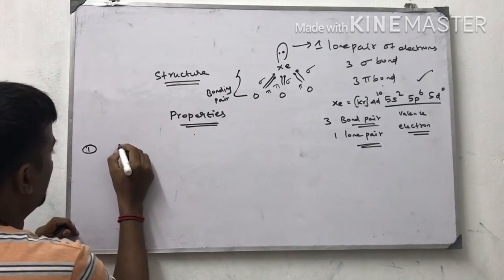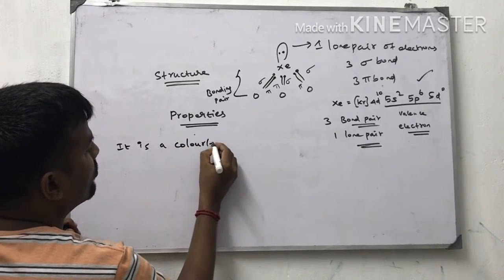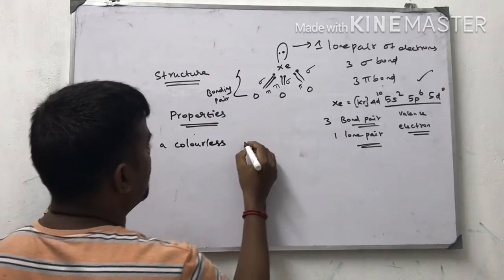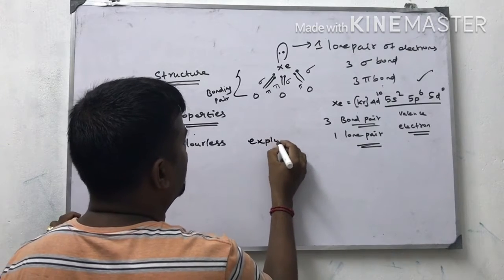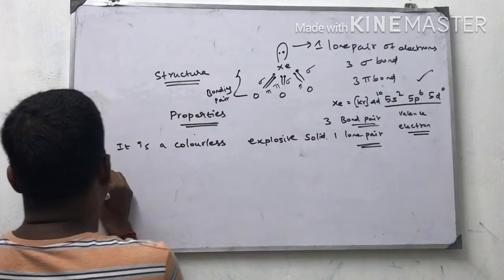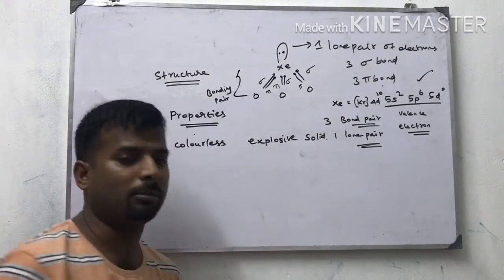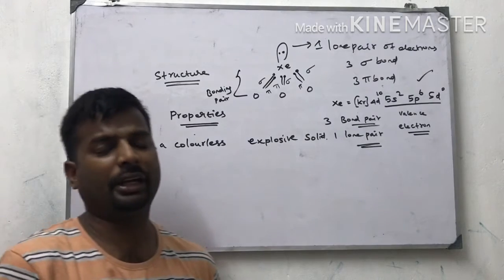Xenon trioxide is a colorless explosive solid. Colorless explosive means it is highly reactive.